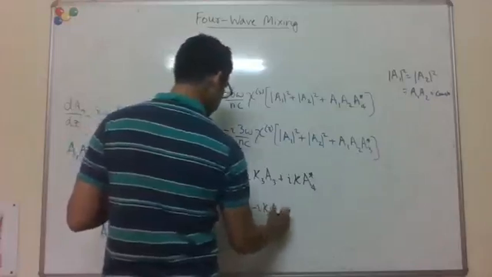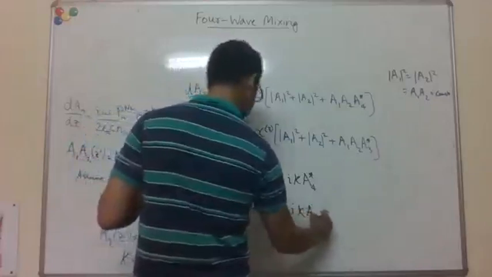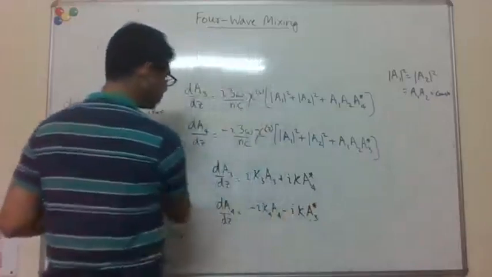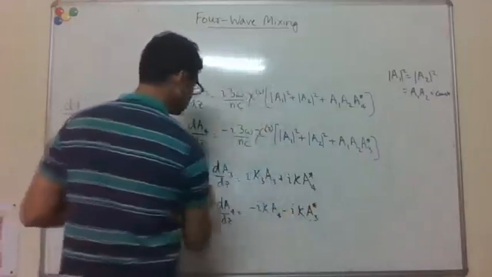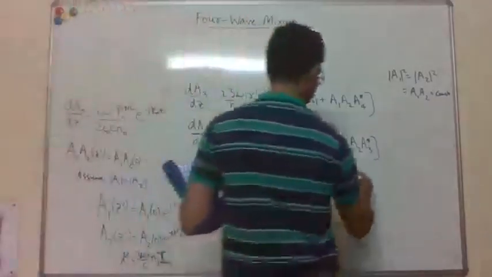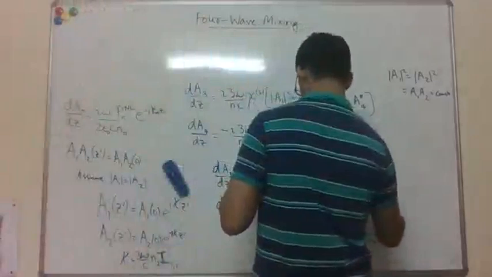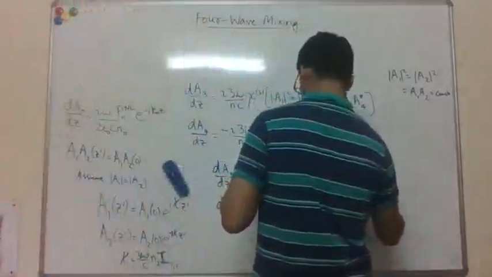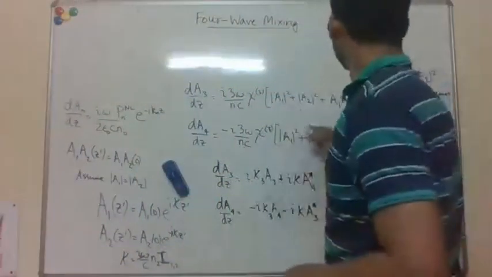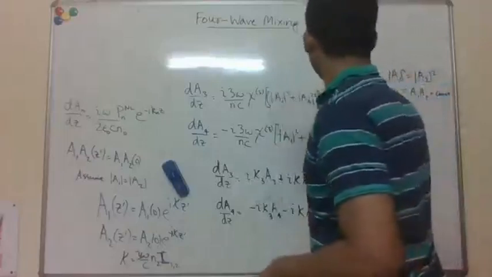So kappa 4 is equal to kappa 3 actually. Right, where kappa 3 should be an A3 here, right?